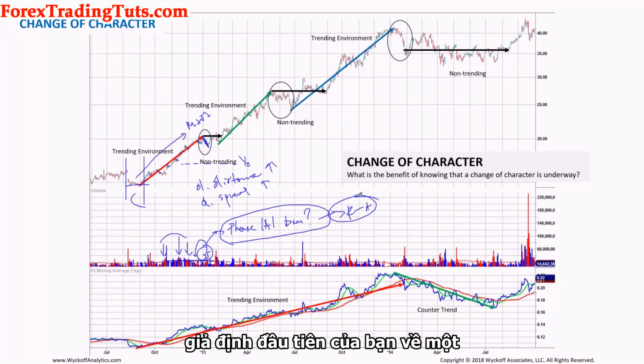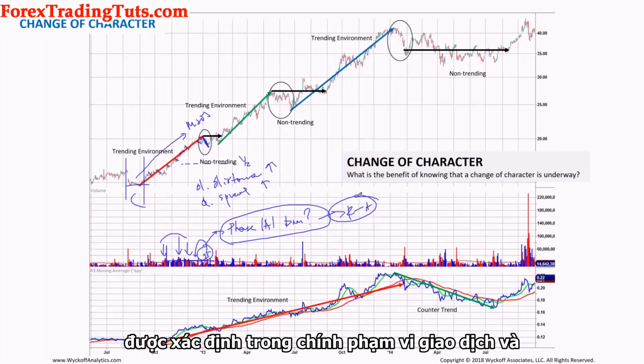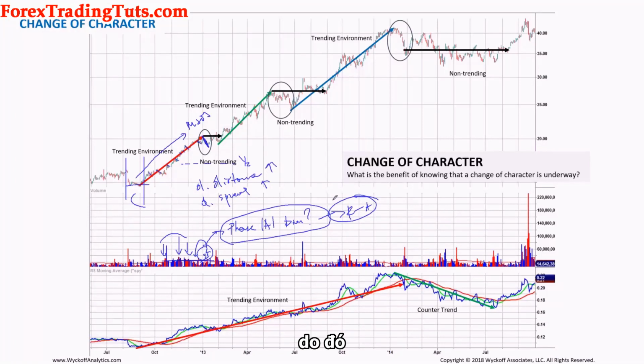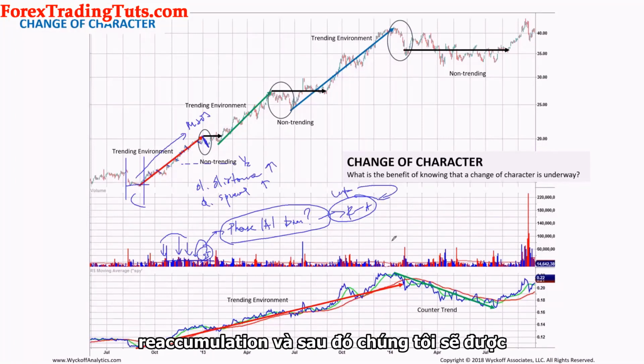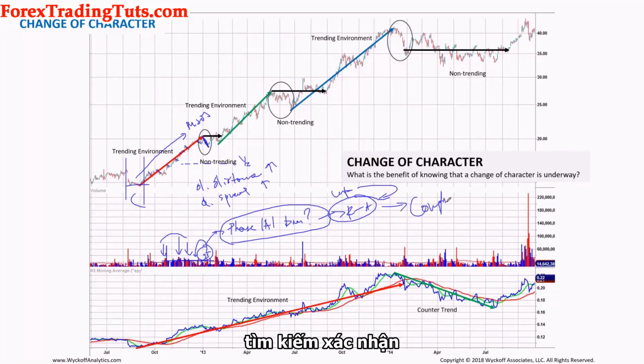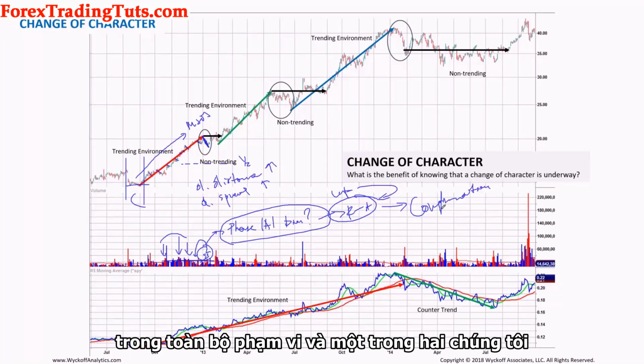Your first assumption about a reconsolidation or a stepping stone trading range is always going to be the bias that you've defined in the trading range itself, and the trend that we have had. So therefore, a bias to the upside, and therefore a reaccumulation. And then we would be seeking confirmations throughout the range.